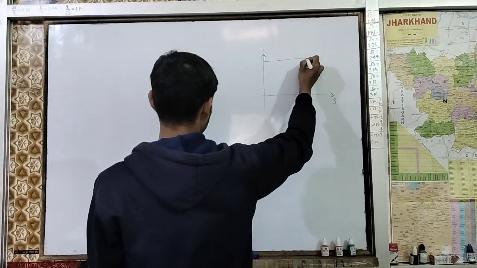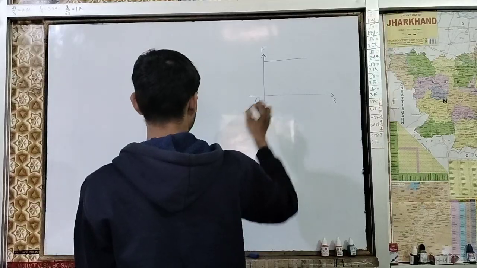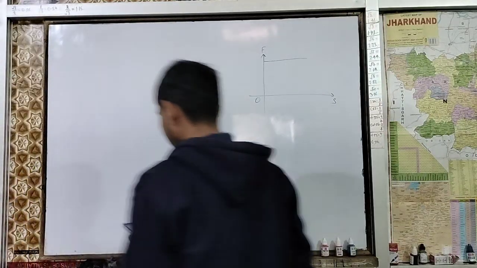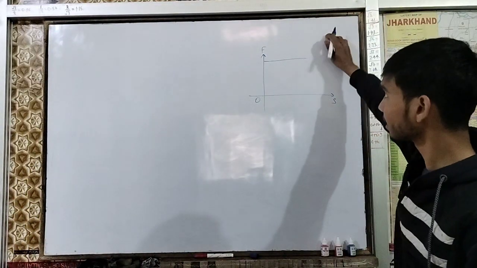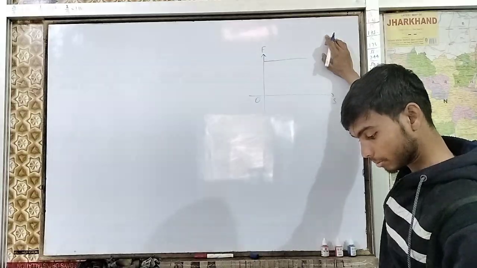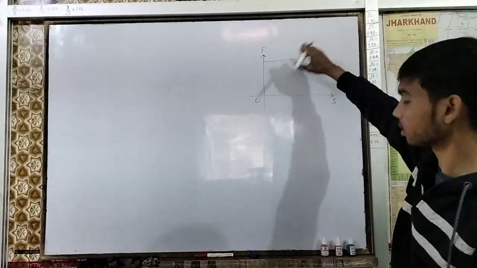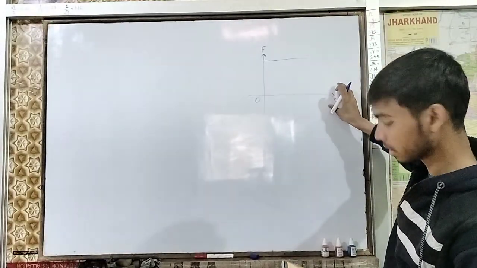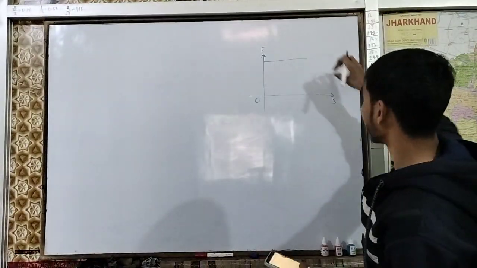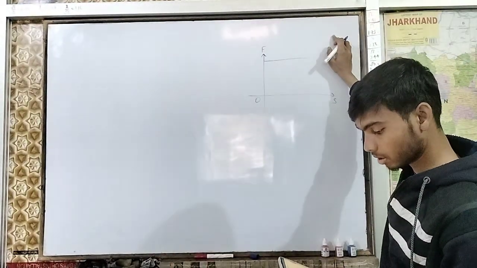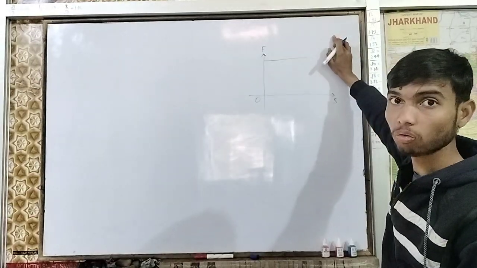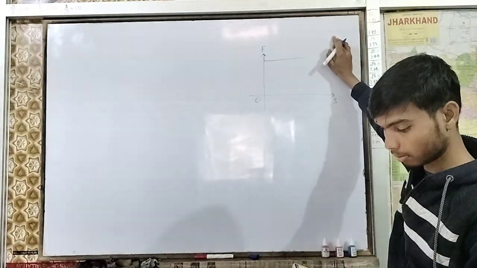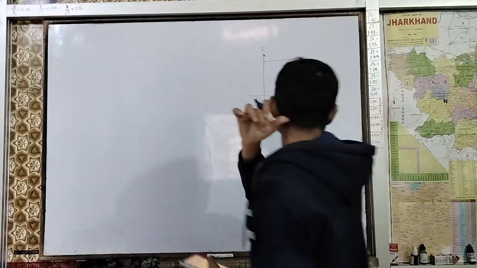Displacement is this much. Y is origin. The area enclosed by this line, by the F-S graph, and the displacement axis will provide the amount of work done by this force.